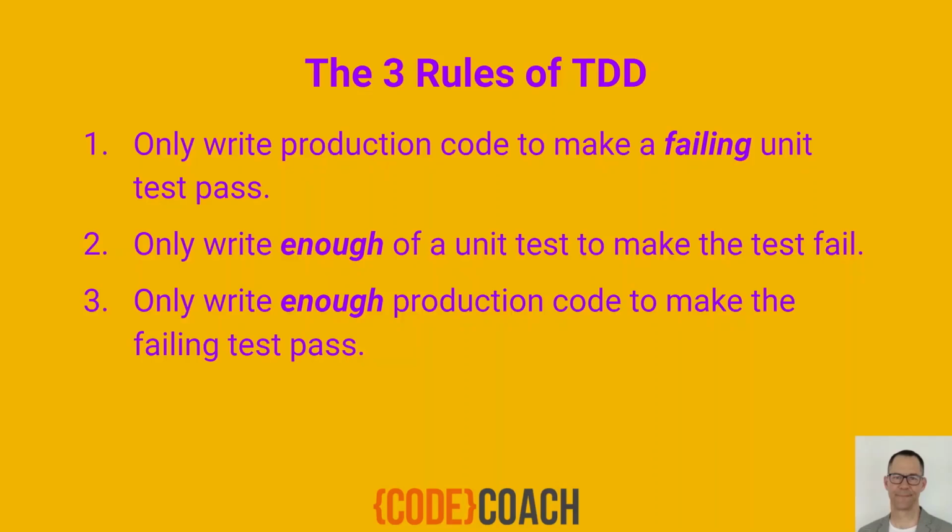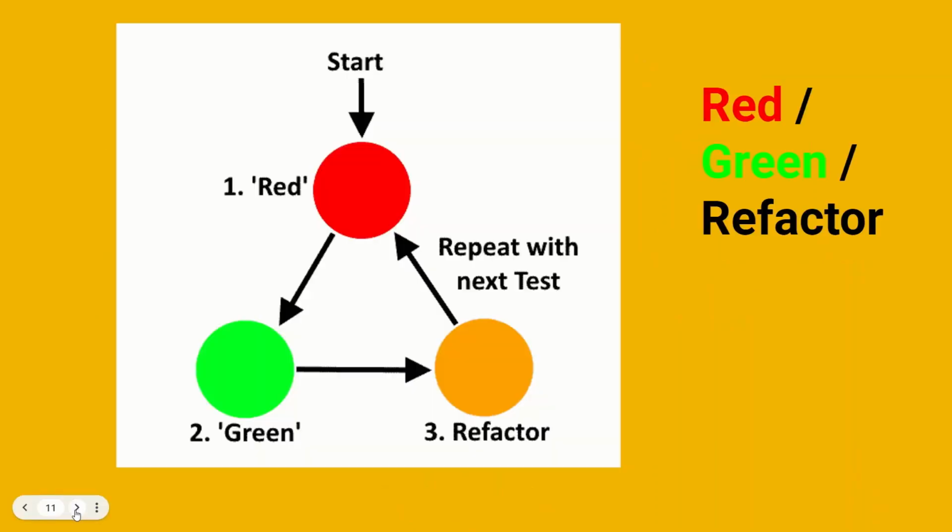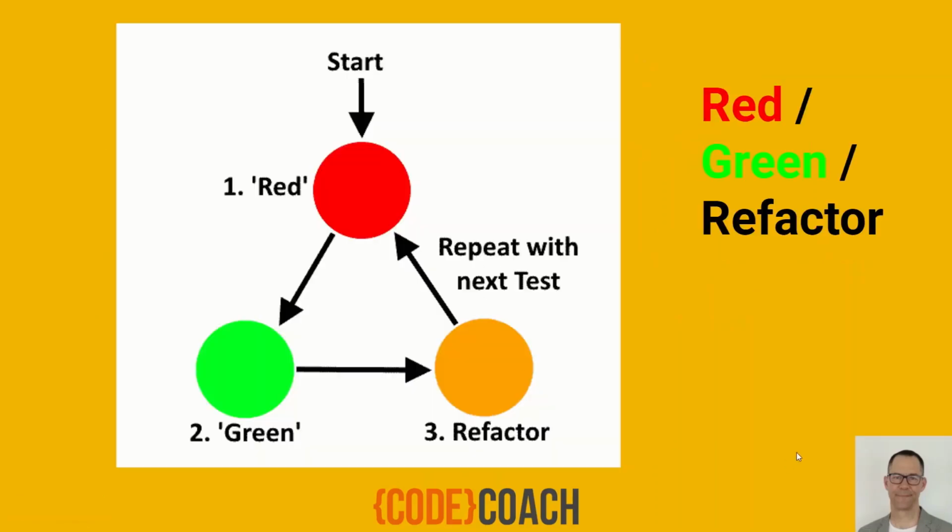So we can't write the class for the shopping cart until we've got a failing unit test. And also red-green-refactor gives us a similar view on the same problem. We need to have a red first. Red means a failing unit test. So here rule number 1 of the 3 rules and red-green-refactor reinforce one another. We need a failing unit test to start with.